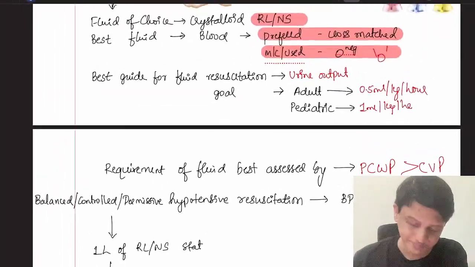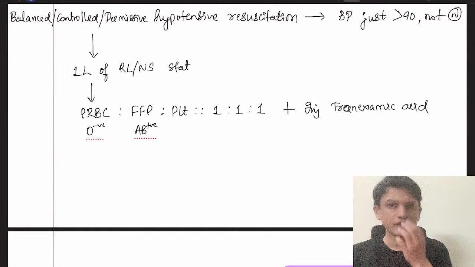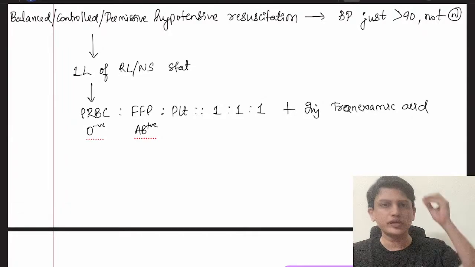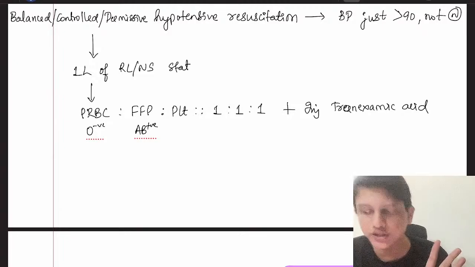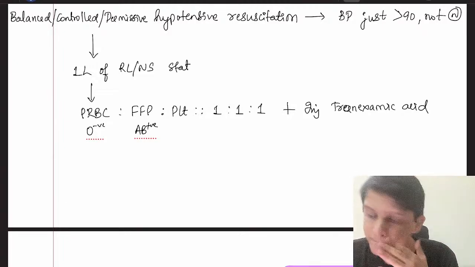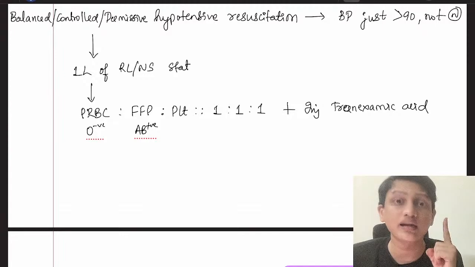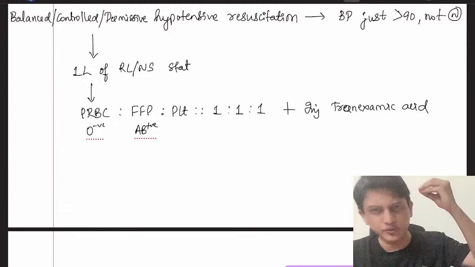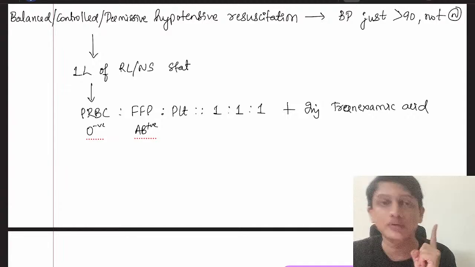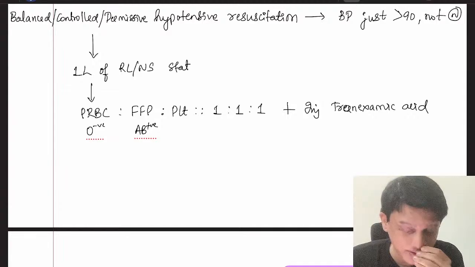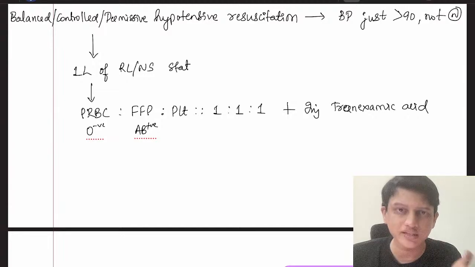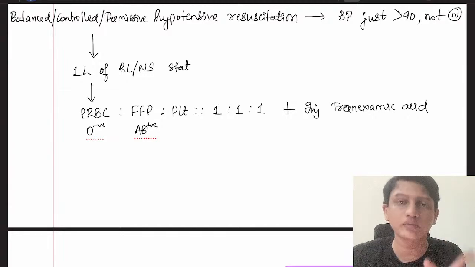Hope it's clear. Initially what you do, you secure 2 wide bore cannulas, and whatever may be the situation, you immediately give 1 liter of Ringer lactate or NS. Stat means flow, continuous, not just in one go. You give 1 liter of normal saline at first. By that time it will be 1 hour, and by the time cross match blood will come, then you start giving the blood.